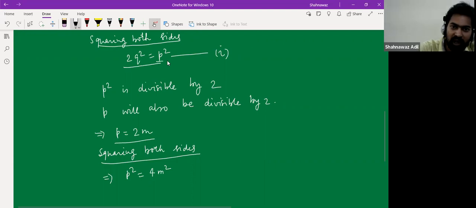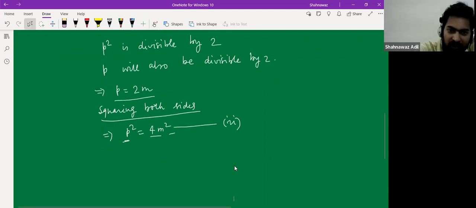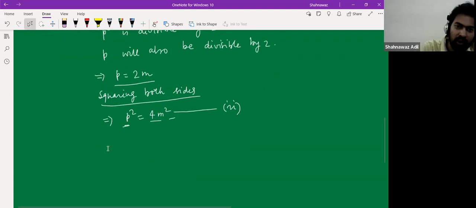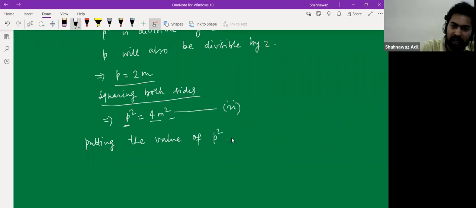So we will put the value of p square from equation 2 into equation 1.